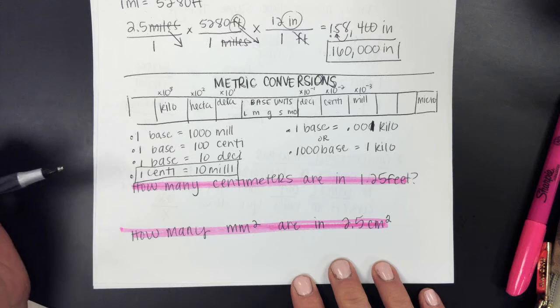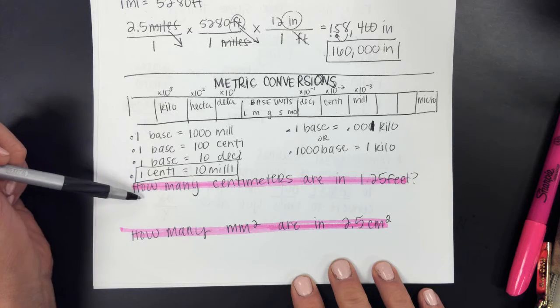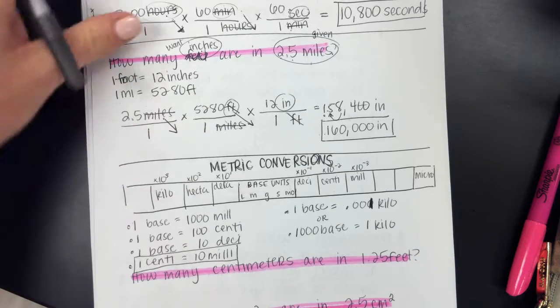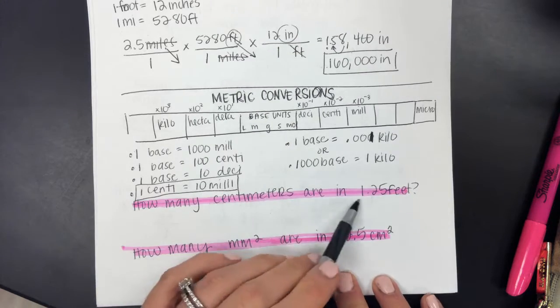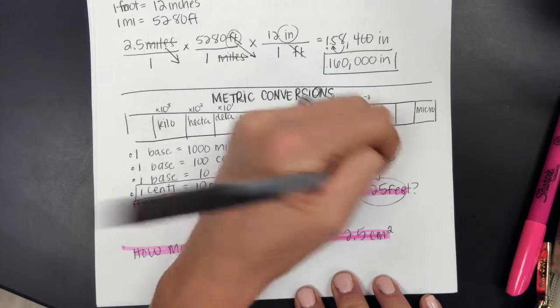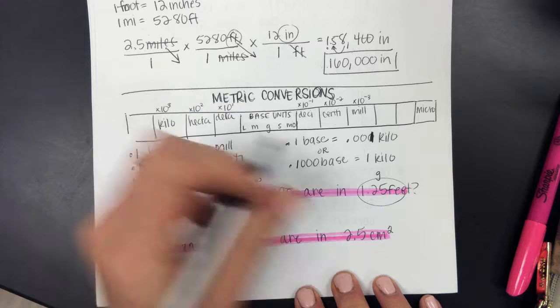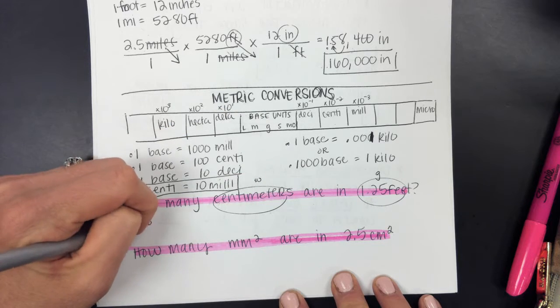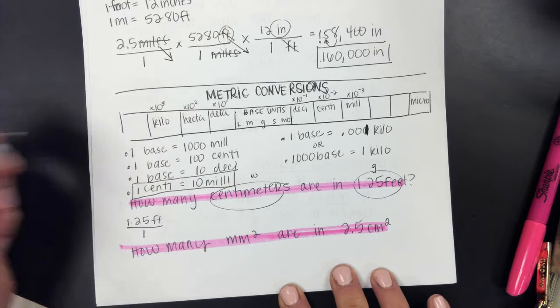Let's just do a quick conversion with a metric, just like we did the ones up here. How many centimeters are in 1.25 feet? Here's my given. Here's my wanted. 1.25 feet over 1.